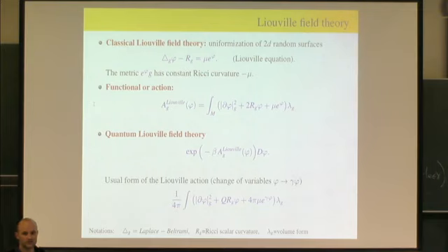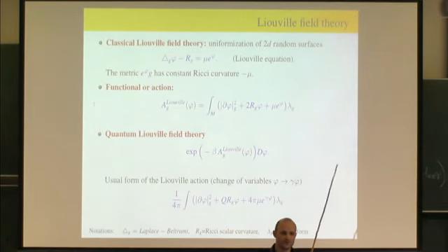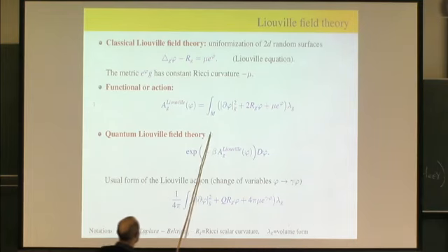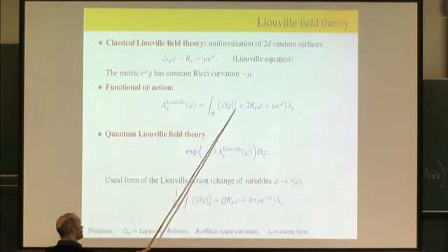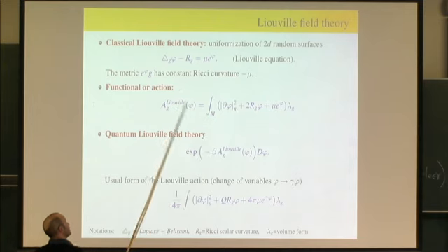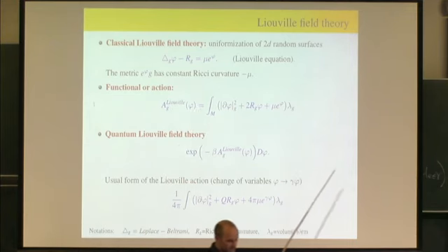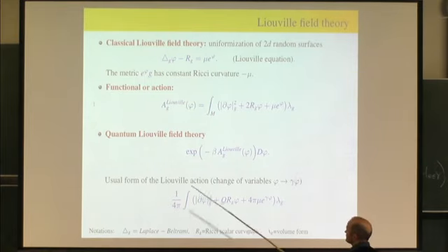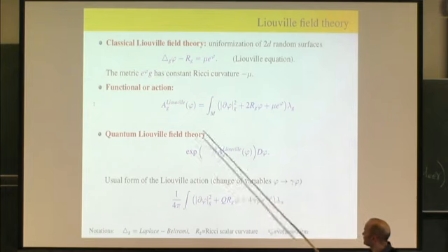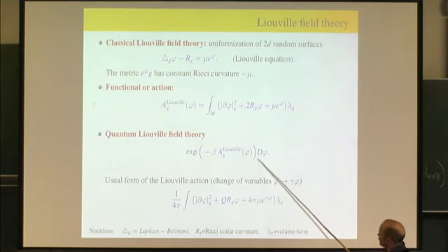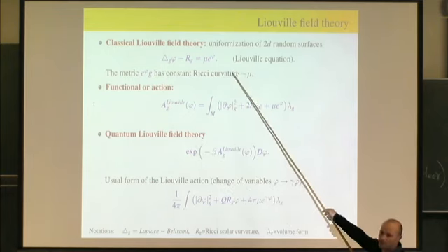If you do so, you get a new metric which has constant curvature, and then you say that you have uniformized your surface. So the classical field theory associated to this action is the Liouville equation, and this is about the theory of uniformization of random surfaces. The Liouville quantum field theory will be more or less the randomization of this well-known equation.